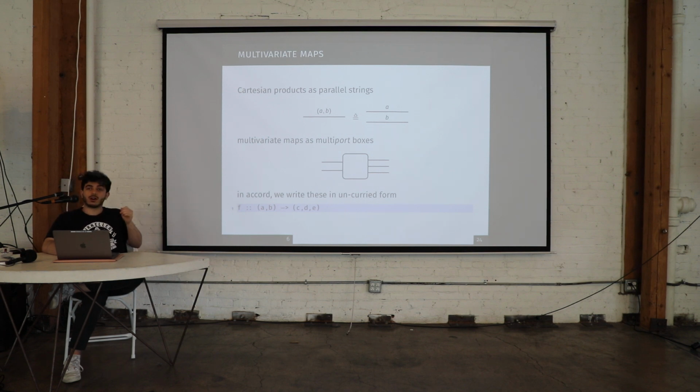So I call the places where the wires hook up the ports. On the left side, the beginning of it, I'll call them imports. On the right side, the output, I'll call them exports. So we're going to write functions like this in uncurried form, just for consistency of some kind. You don't have to if you don't want to. So this would be a map from tuple (A, B) to tuple (C, D).